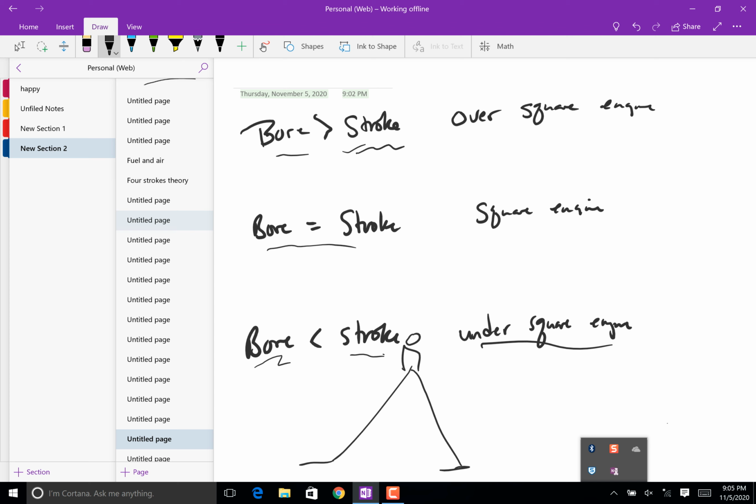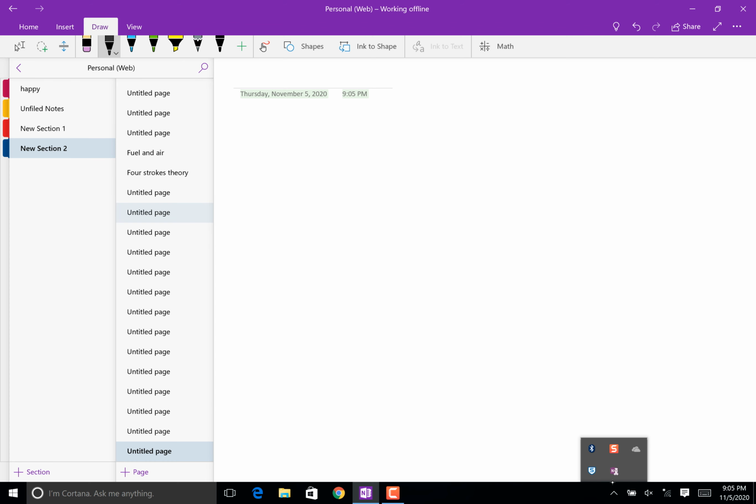What I'm going to ask you about today simply is this. Here is an example of a bore of 10.9 centimeters, and a stroke of 9.1 centimeters, and this is a 6-cylinder engine.